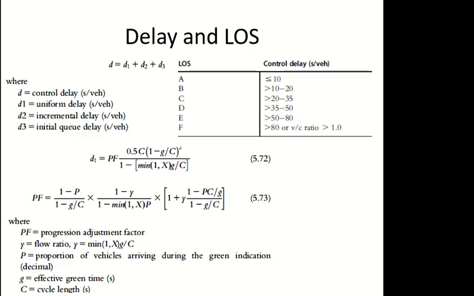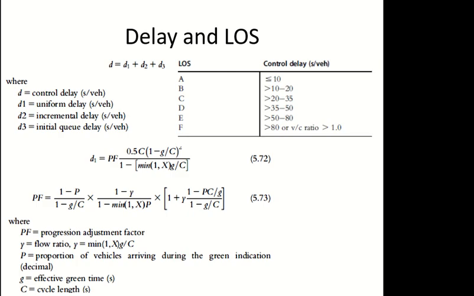And then we have D3. When you join the signal, there's already a long queue. So this is the initial Q delay. Even if you joined at the green time, if the signal is green, you cannot accelerate because you already have a long queue in front of you. So that's called initial queue delay.